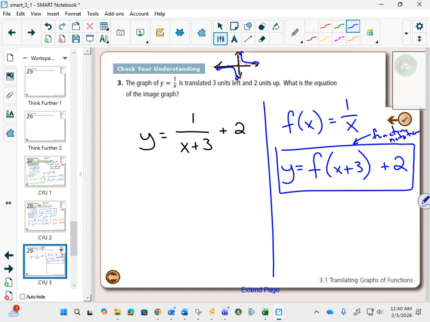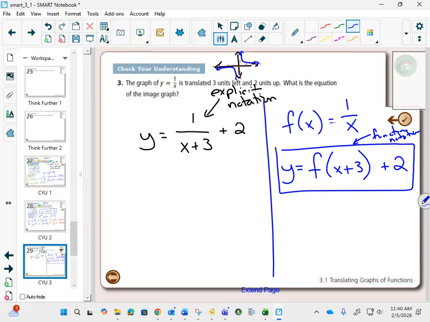We would probably describe this black one as explicit notation because we're just using x's. But you can always take function notation and go back to explicit notation. And it's important to know how functions work.